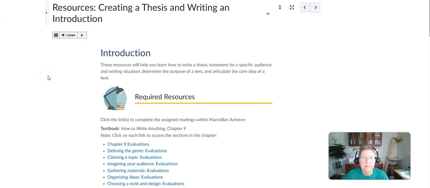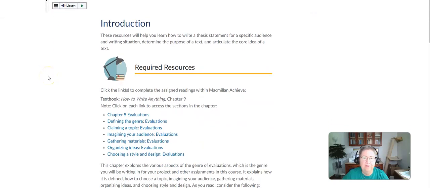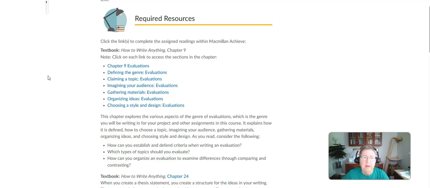All right, so we know that the resources page has the listings for the readings. And we begin with readings all focused on evaluations. At this point in the course, we haven't really yet said that the 7-1 project was going to be an evaluation essay. We talked about it being an analysis essay. Specifically now, we need to think of it as evaluation.